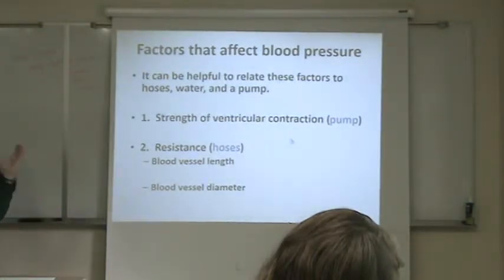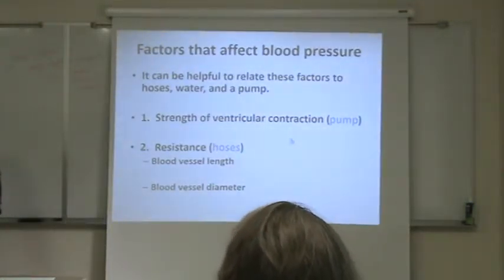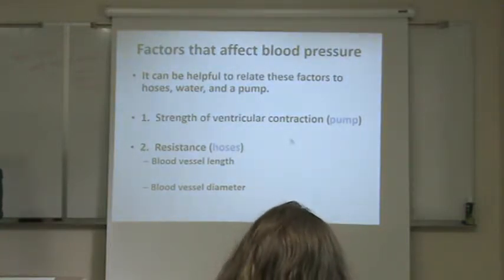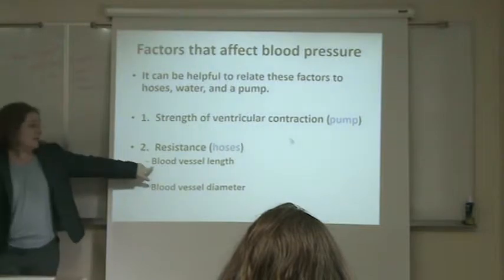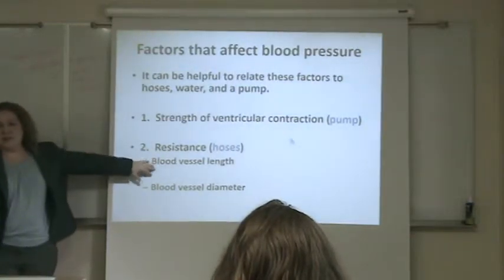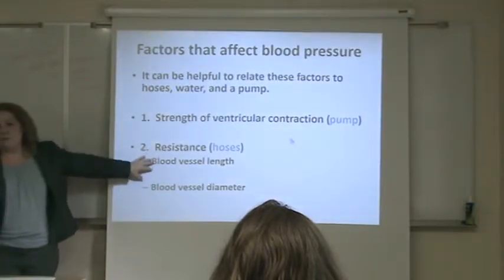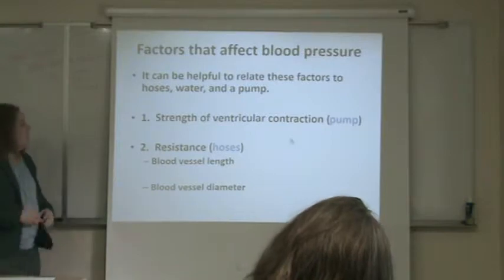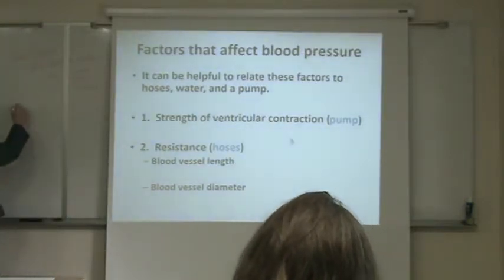So if we have a long length of hose, we need more pressure to get water through that hose. This means that people that have more blood vessel length, for some reason, their heart is going to have to pump harder to get blood all the way through. I'll come back to that topic in a minute.